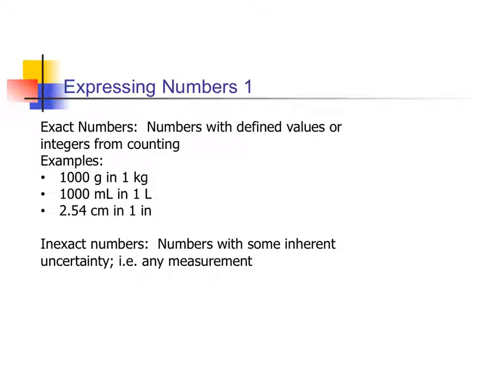Now, exact numbers, and something that we'll look at a little bit later, kind of building process, laying the foundation here. So we have exact numbers, numbers that have a defined value, such as 1,000 grams are in 1 kilogram, 1,000 milliliters are in 1 liter, 2.54 centimeters in 1 inch. These are your conversion factors, also, if you will.